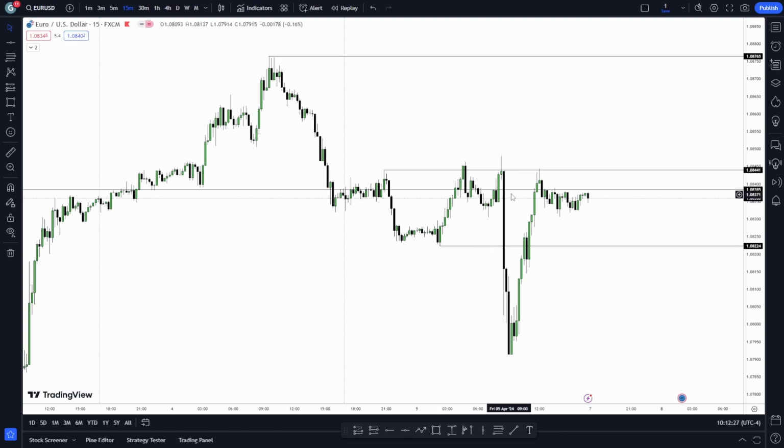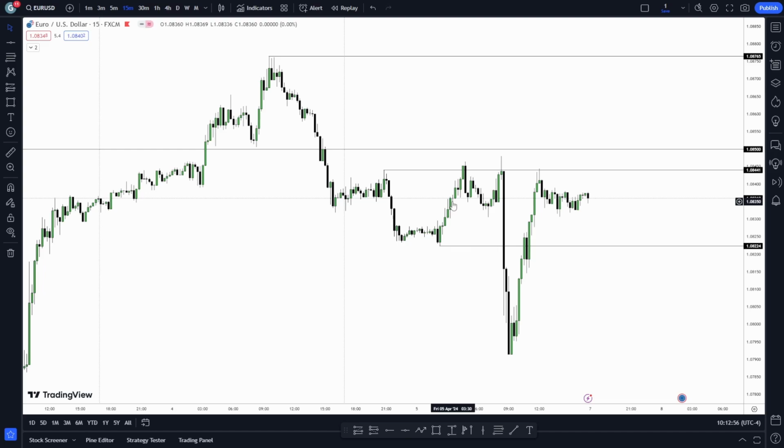For the round figure numbers, we can see that this is a round figure number right over here, 1.08500, okay. It's a round psychological level, and these round psychological levels are good. I can say that these are good support and resistance. So if traders listening to me think they will keep on trading only support and resistance, please make one change and use these round psychological levels a little bit in their trading.